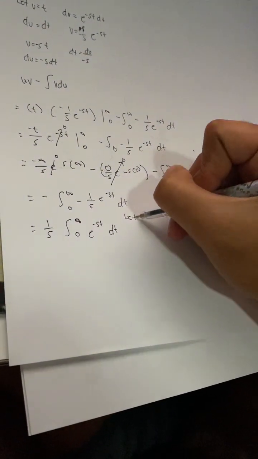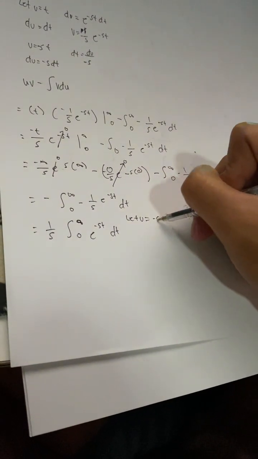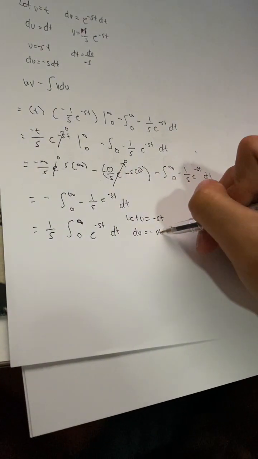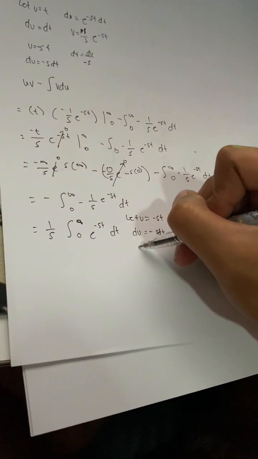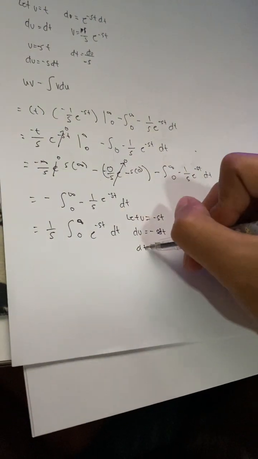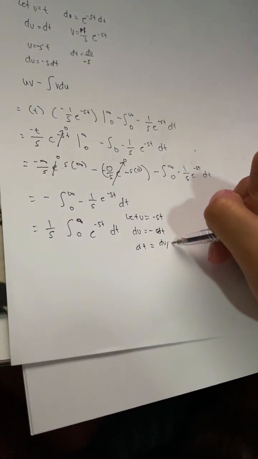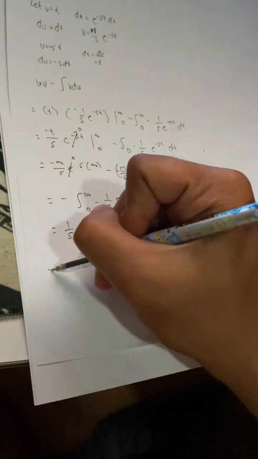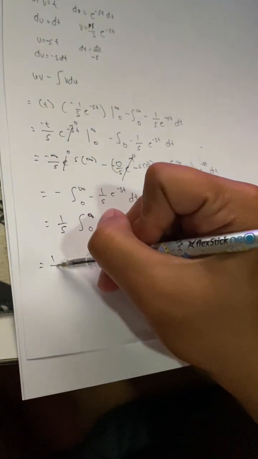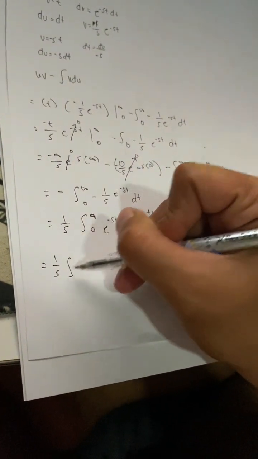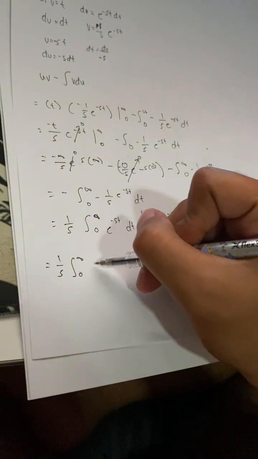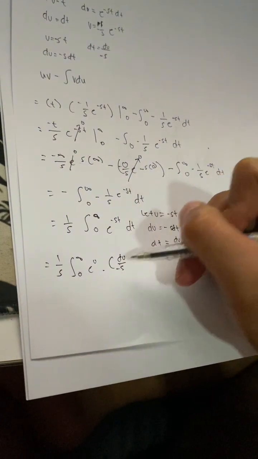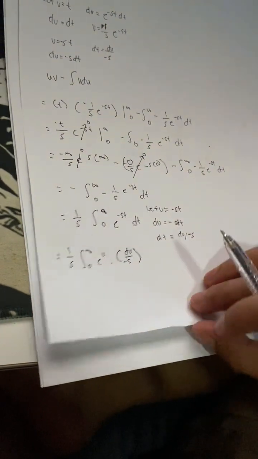Okay, so again, u is equal to negative st, and du is negative s dt, therefore dt is du over negative s. So what will happen here is that we have 1 over s, the integral from 0 to infinity of e raised to u multiplied by du over negative s.